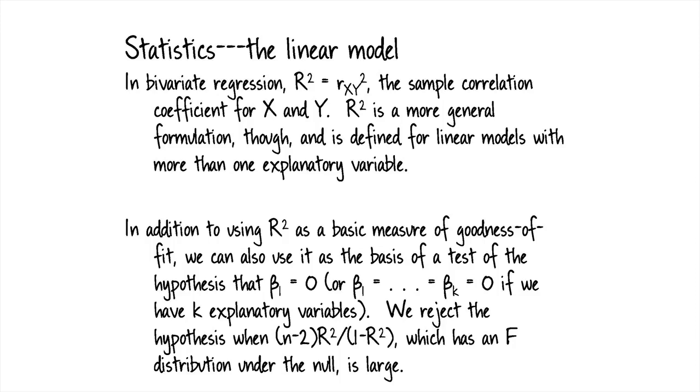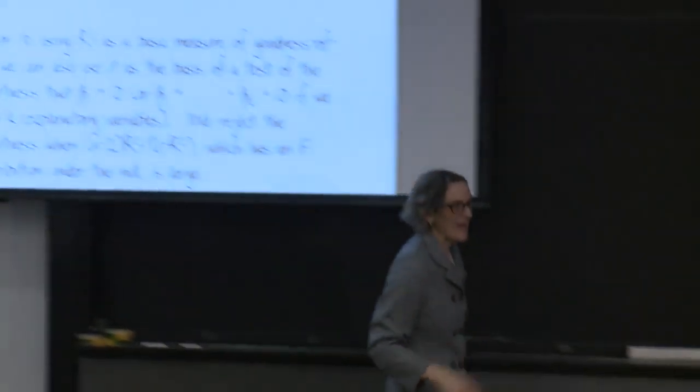Okay? So why does that make sense? So basically the idea is if our R squared is large, that means that the variation in x is explaining a lot of the variation in y. Okay? We have a high measure for our goodness of fit. And so this quantity is going to be large. And so we want to reject the null that the coefficient on x, this beta 1, is equal to 0. Okay?